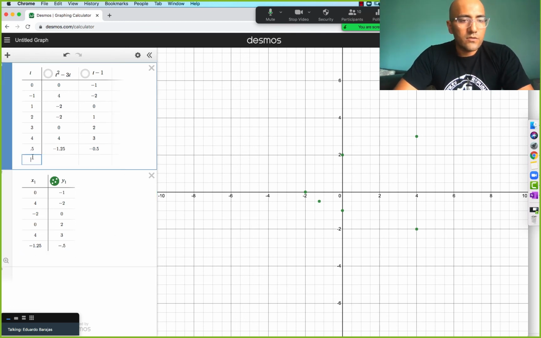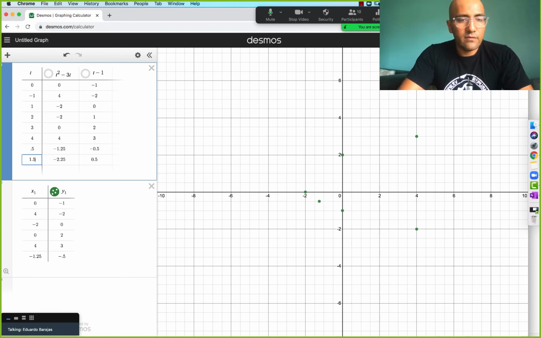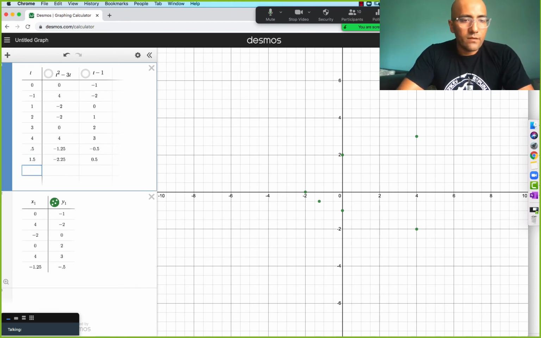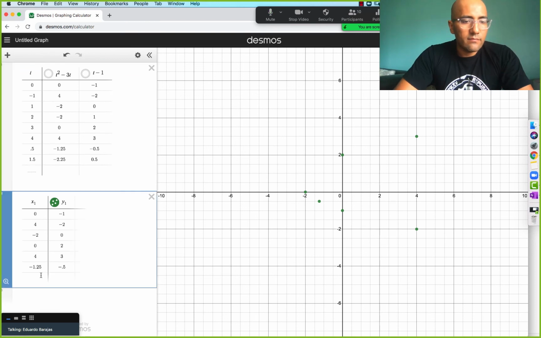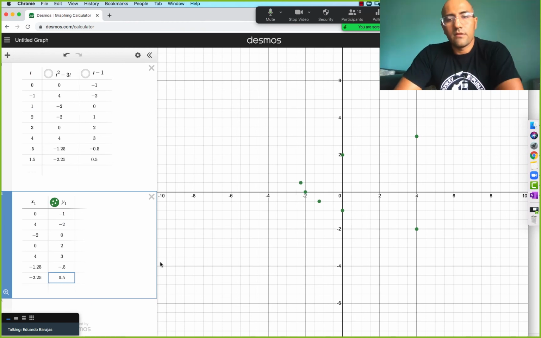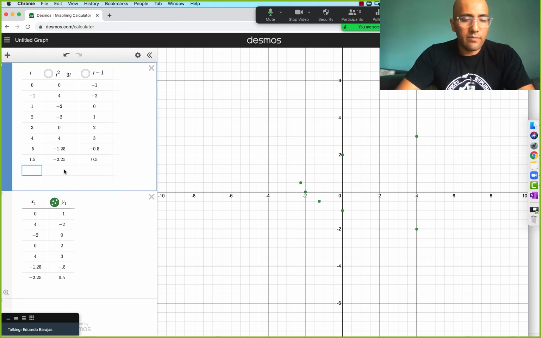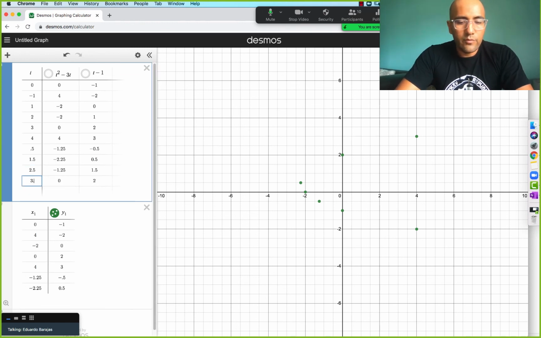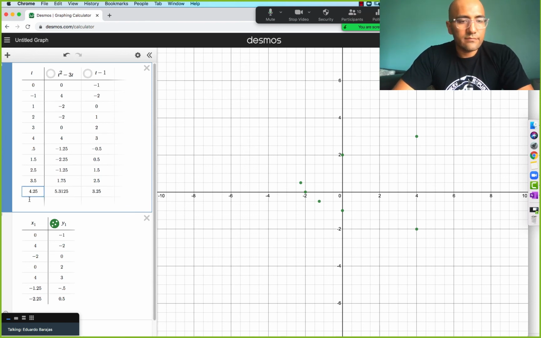How about if I do 1.5? 1.5 will lead to negative 2.25, and then the output would be positive 0.5. Okay, I'm starting to get a better sense of where this is heading. How about 2.5? How about 3.5? How about 4.25?